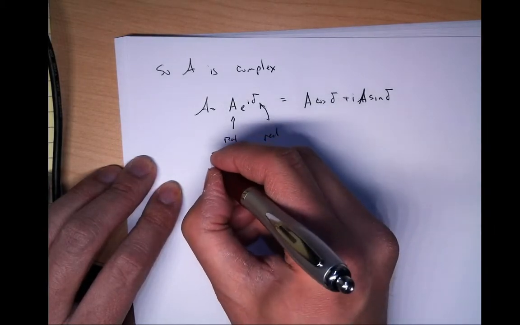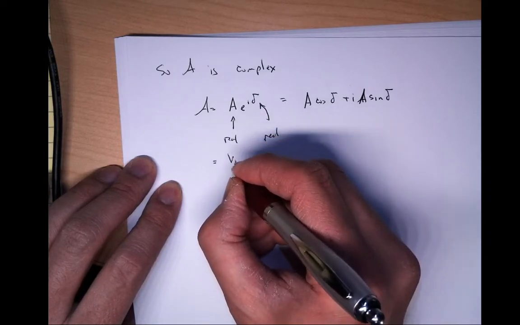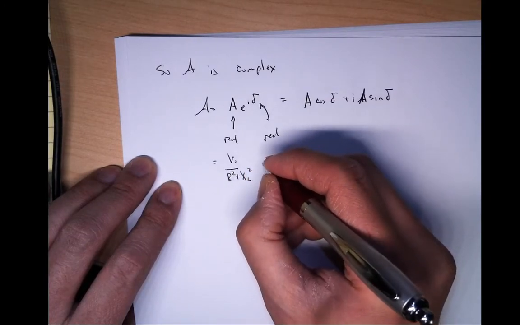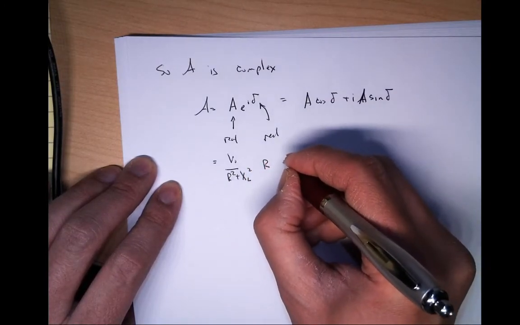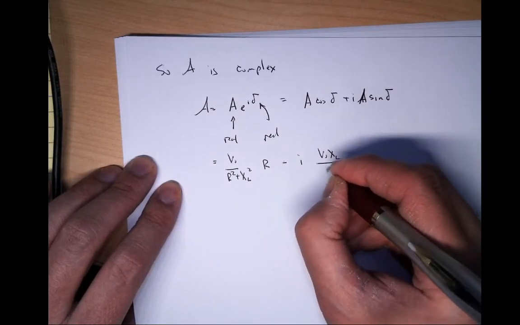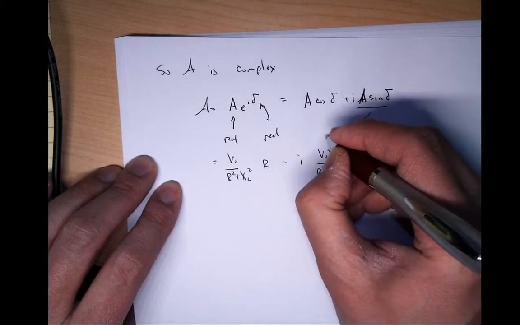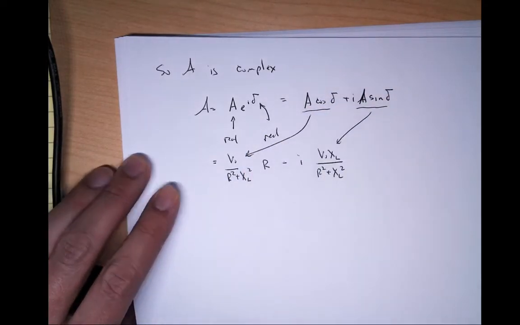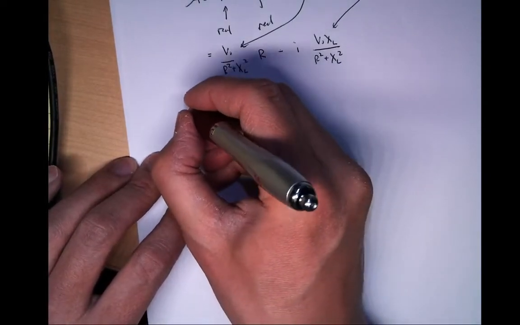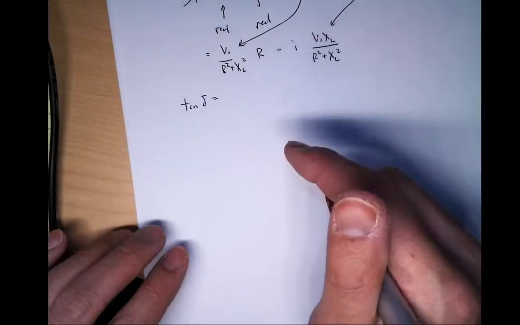So this, again, we found was just going to be V0 over R squared plus X_L squared times R, minus i V0 X_L divided by R squared plus X_L squared. So this thing is that, and that thing is that. And so you can identify the tangent of delta as sine over cosine. It's just basically these two divided by each other.